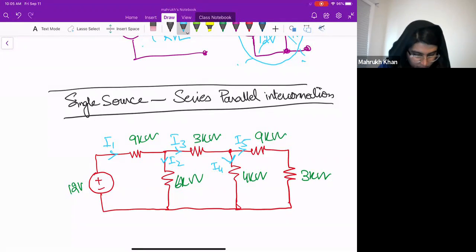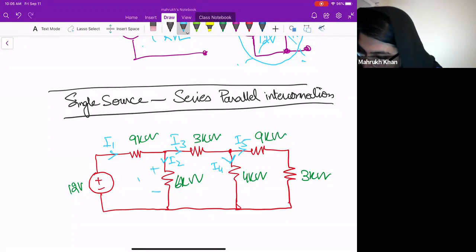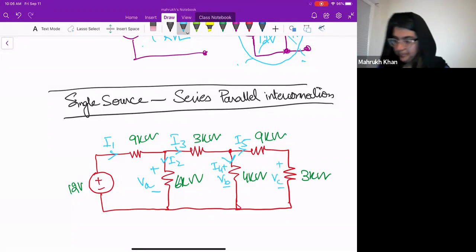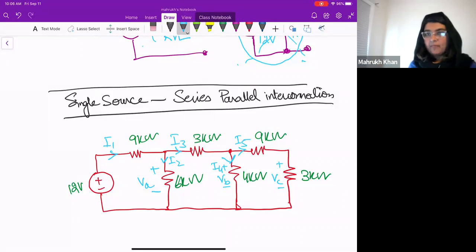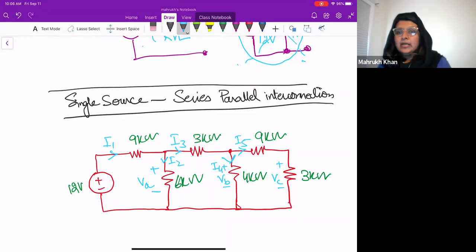They have defined that this voltage drop is VA, this voltage drop is VB, and this voltage drop is VC. We are not given any current beyond the resistances or voltage, so we have to find them.